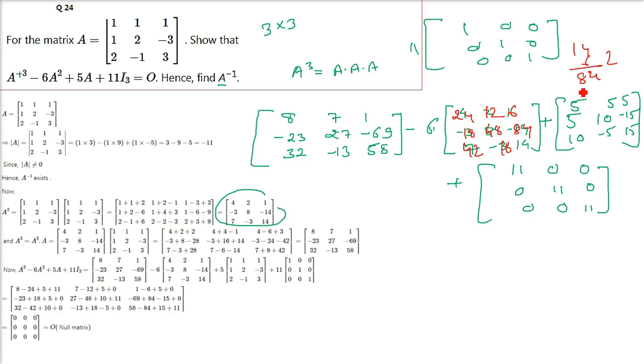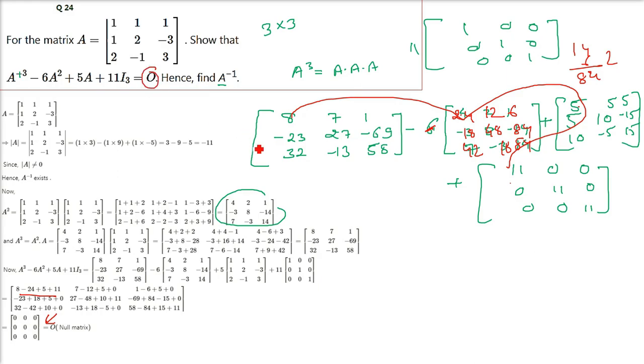Once this is done, same thing, just see here: 8 minus 24 plus 5 plus 11. Same thing you have to do for all the 9 elements here correspondingly one by one. So once this is done, you get 0.